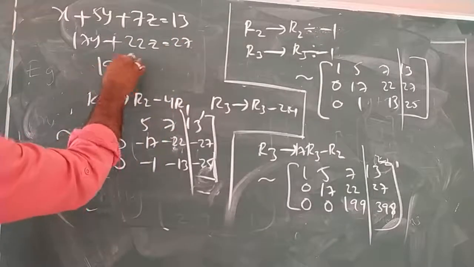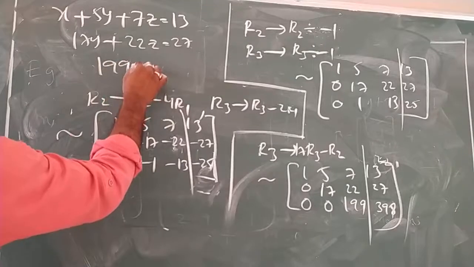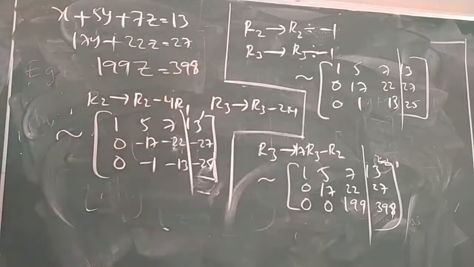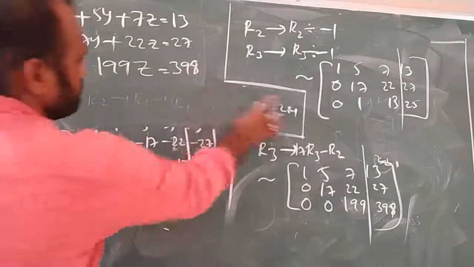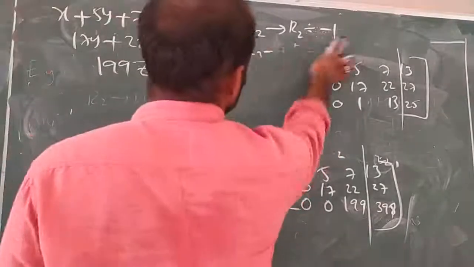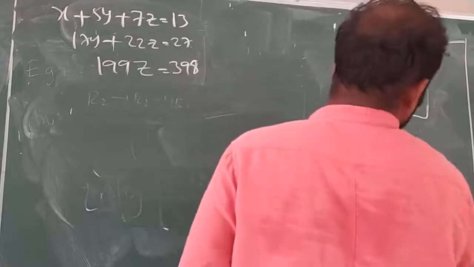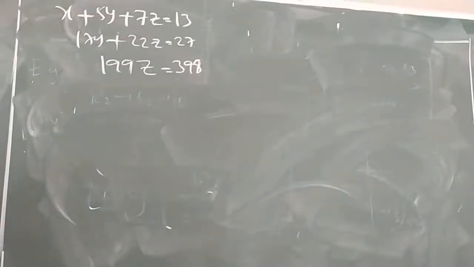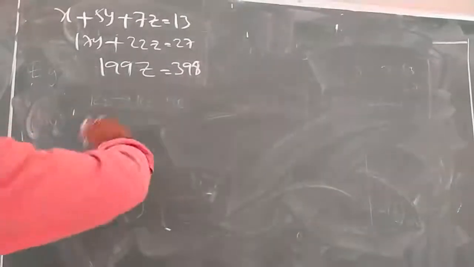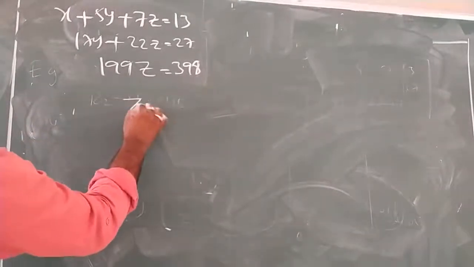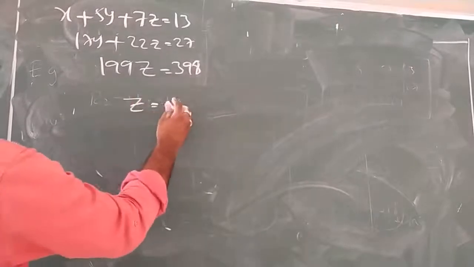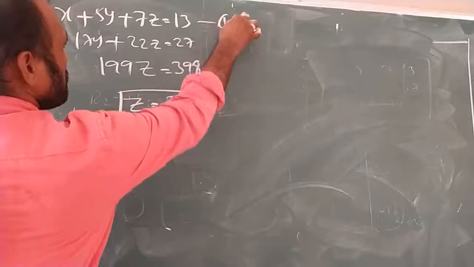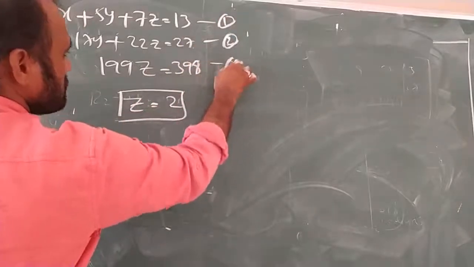Last one, 199z is equal to 398. Now first I can get the z value here. z is equal to 2. So this is the first equation, this is the second equation, this is the third equation.